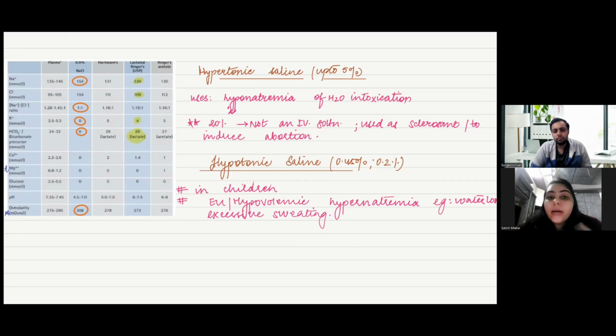But 20% hypertonic saline cannot be used as an IV solution, but it can be used as a sclerosant or to induce abortion in certain cases. Next, we have 0.45% or 0.2% hypotonic saline, which can be used in children and in euvolemic and hypovolemic hypernatremia.